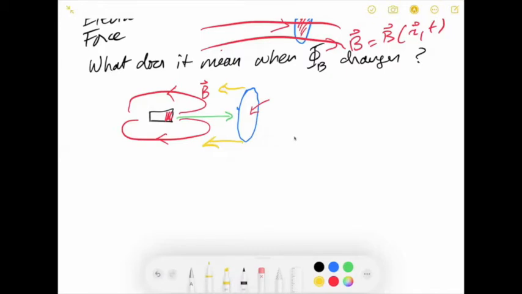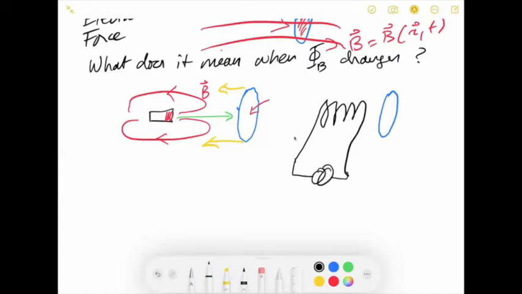So those are not the only ways in which you could change the time-varying magnetic field. There's of course another one. So for instance, if you have the same loop here, but now instead of having a permanent magnet, we have some kind of a solenoid here. And of course, this solenoid, if we change the current, will generate a magnetic field.